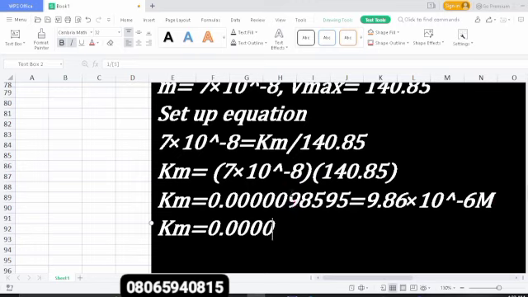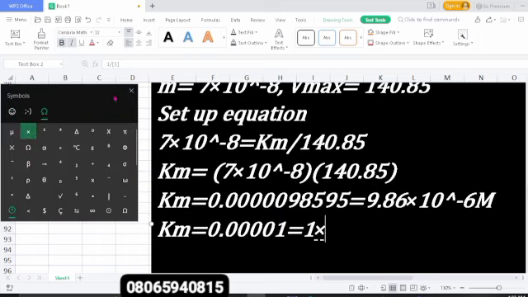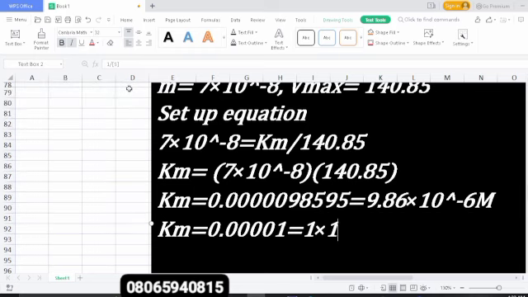If you approximate this one down now to this zero, it becomes 1. And what's that? That is just 1 times 10 to the power of negative 5. Which is the same answer.